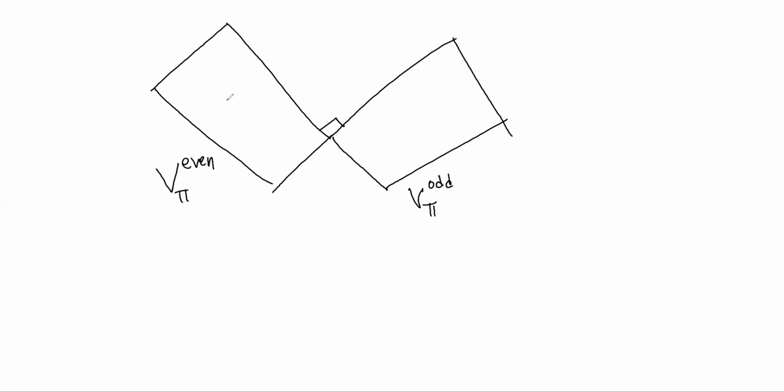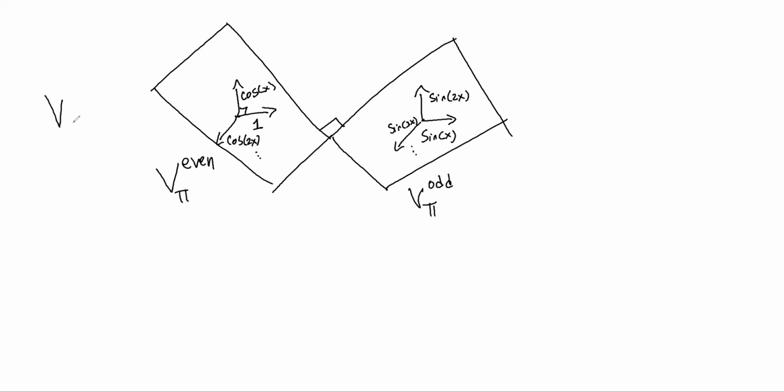Here you have the one function, then cosine x, cosine 2x, infinitely many. And here you have some other functions. You don't have the one function, but you have sine x, sine 2x, sine 3x, and whatnot.